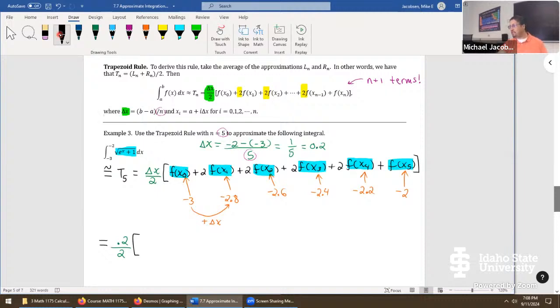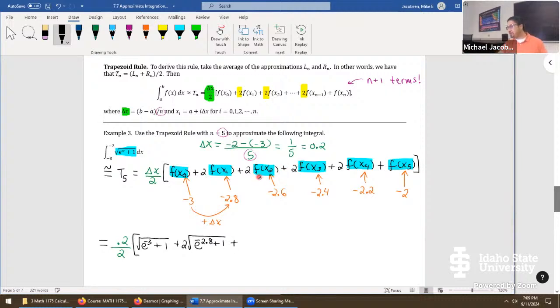So it starts off, here's the tedious part, square root of e to the power of, going down the line with these values that we indicated, -3 plus 1. Then just keep on moving through. Next one is going to be plus 2 times the square root of e to the power of the next value, -2.8, plus 1.